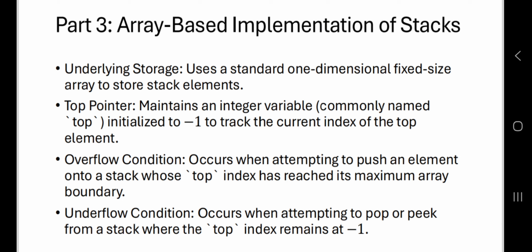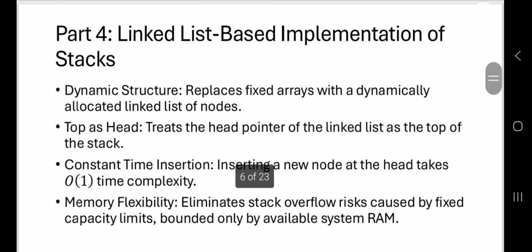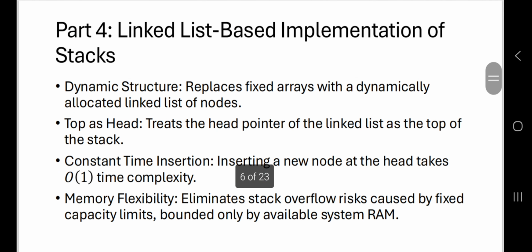And then you have the underflow condition. This occurs when you attempt to pop or peek from a stack where the top index is still at -1, meaning there is nothing in the stack. While arrays are simple, the fixed size can be restrictive.